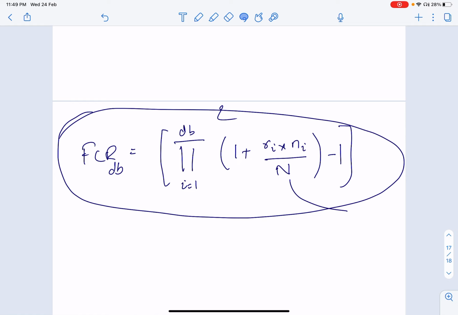On the left-hand side, you have FCR, which is the final compounded rate for the period, whatever the compounding period is. DP is the compounding period. This is the product, where i goes from 1 to DP, that is, multiply everything from 1 to DP. DP is again the compounding period.